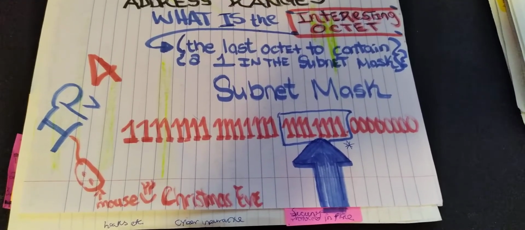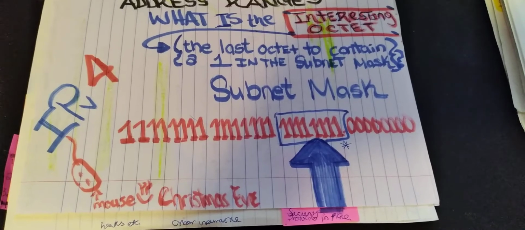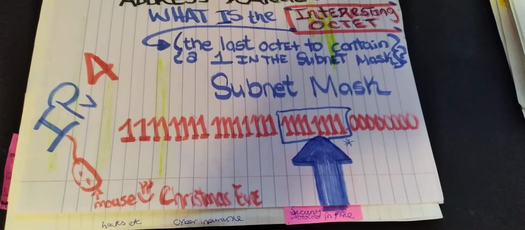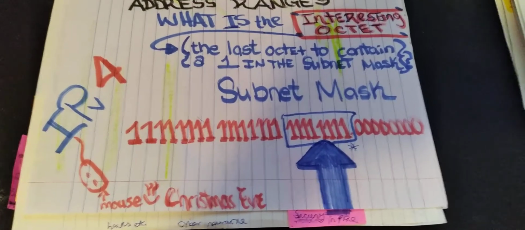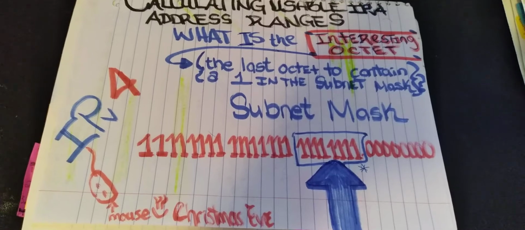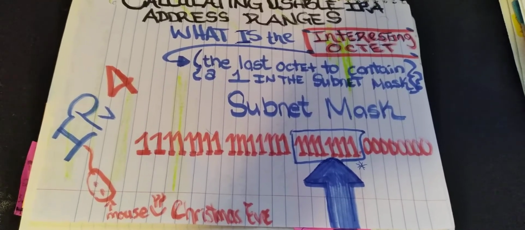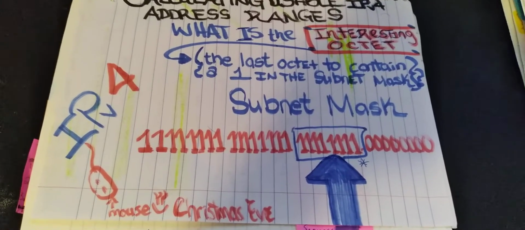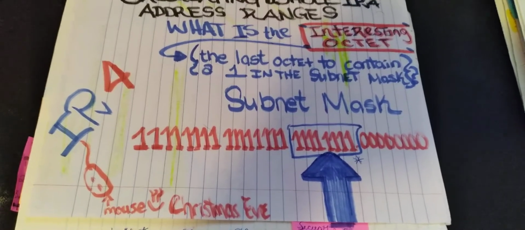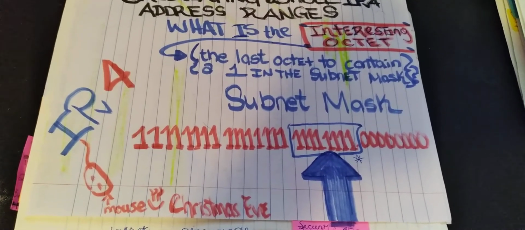What is the last octet to contain a 1? Well, in this case, the last octet to contain a 1 is the third octet. So step 1, determine the interesting octet. Third, got it.